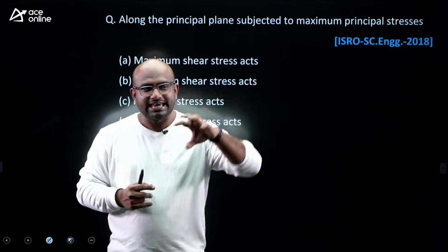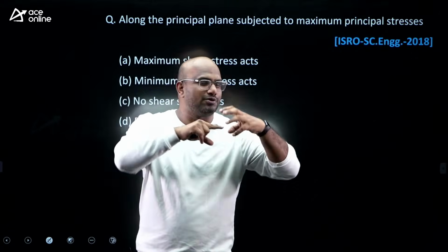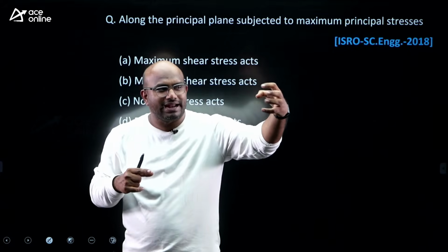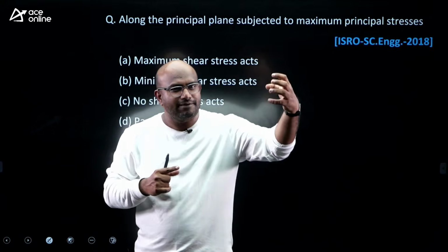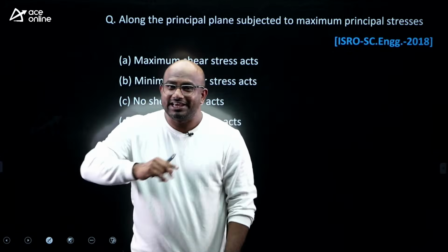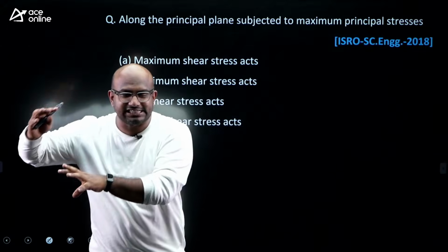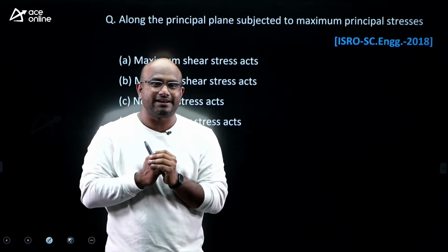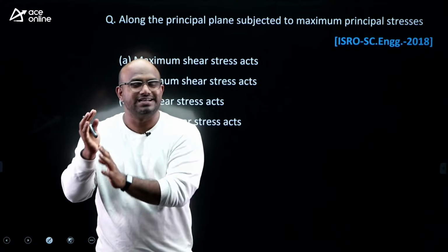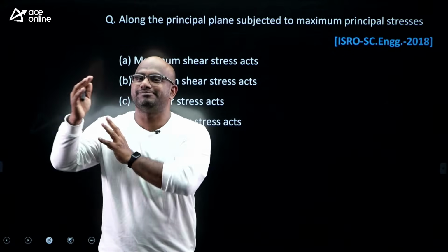In the principal chamber, can his wife come? No. In the principal office, is there any possibility of shear? No. But the maximum shear stress plane is his house, the place where his wife stays. That is where I have the maximum shear stress.